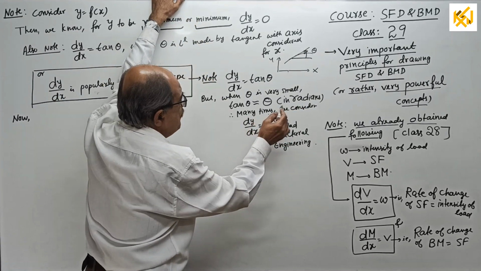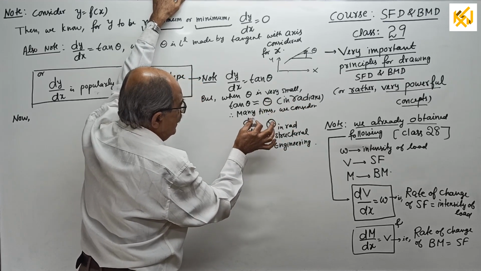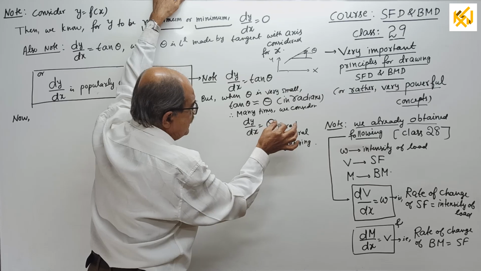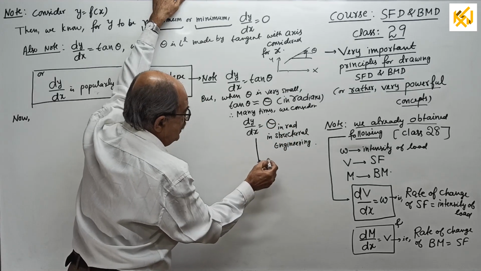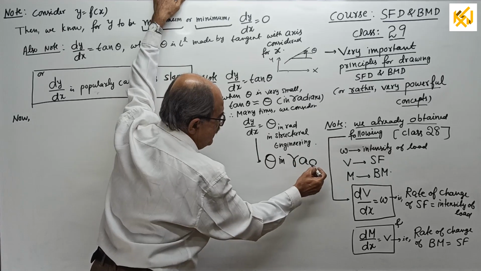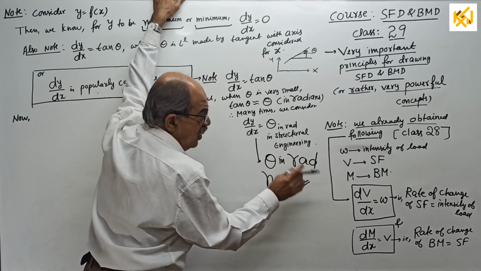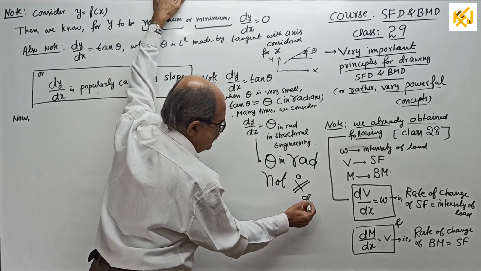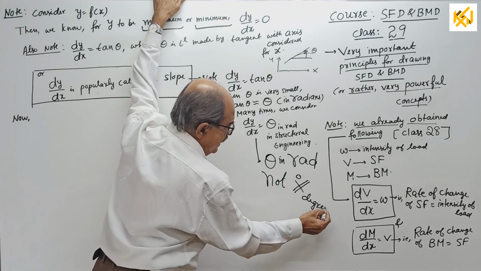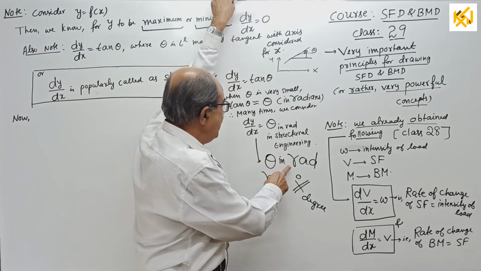Therefore, many times in structural engineering, we consider dy by dx is theta. Once again note, theta in radian, not degrees. If you take in degree, it becomes mathematical blunder.